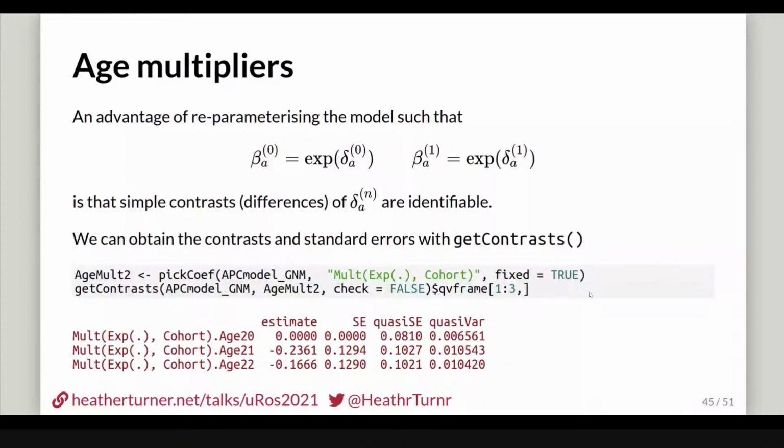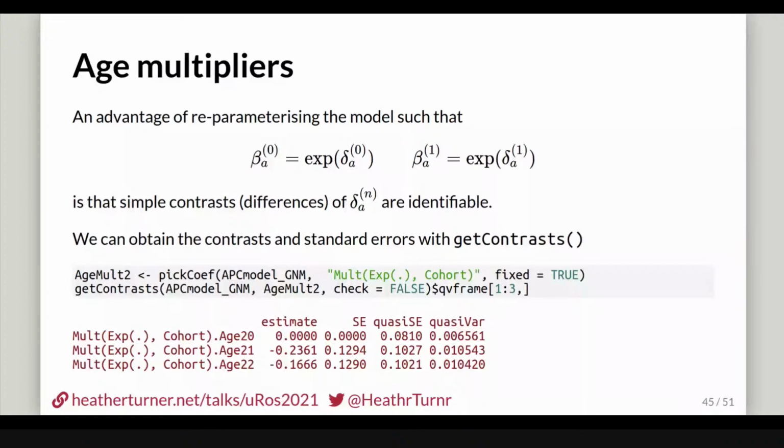In particular, you'll notice that for the age where we fixed the multiplier to 0, the standard error is then 0, but for the quasi-standard error we still have a non-zero value. The quasi-standard errors are the same regardless of the reference level you take, whereas the estimates and standard errors will change depending on the reference. So they are sometimes useful.